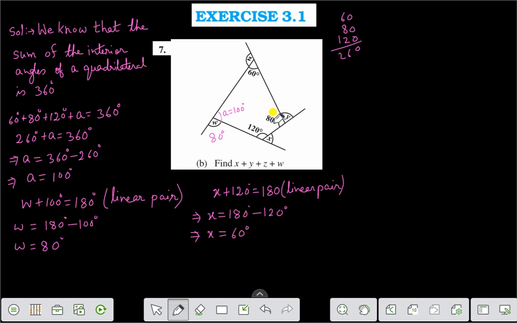We find this one. This is also a linear pair. That means here we are finding y plus 80 degrees is equal to 180 degrees.